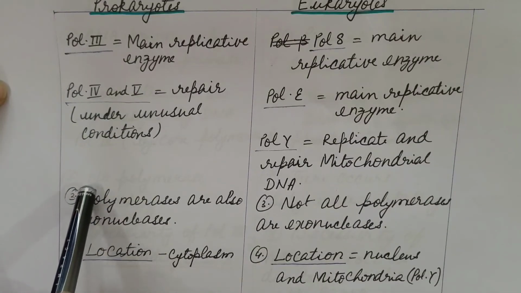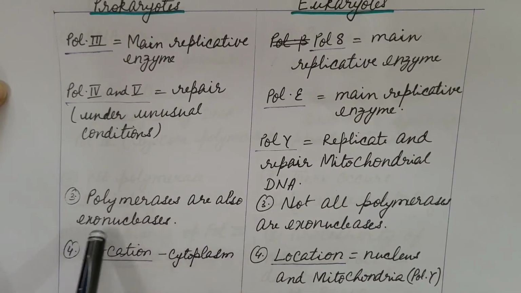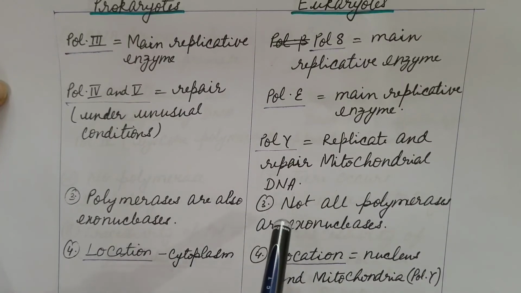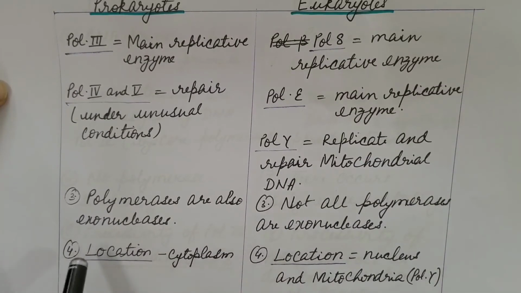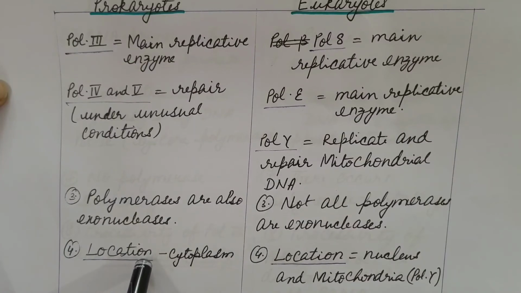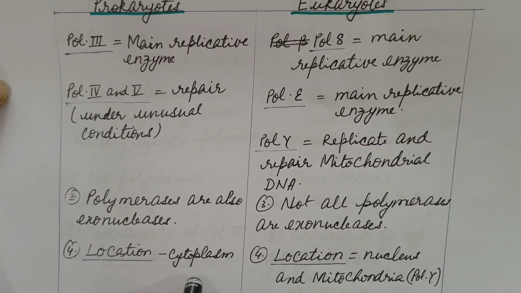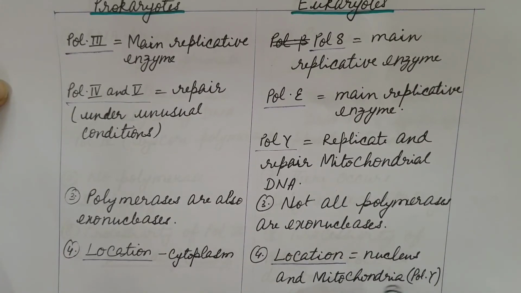In prokaryotes, polymerases also show exonuclease activity, but in eukaryotes, not all polymerases have exonuclease activity. Now the location: prokaryotic DNA polymerases are located in cytoplasm, and in eukaryotes, polymerase gamma is located in mitochondria and the other polymerases, that is polymerase alpha, delta, epsilon and beta, are located in the nucleus.